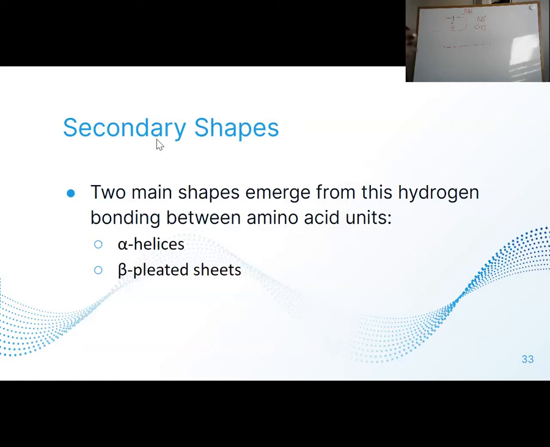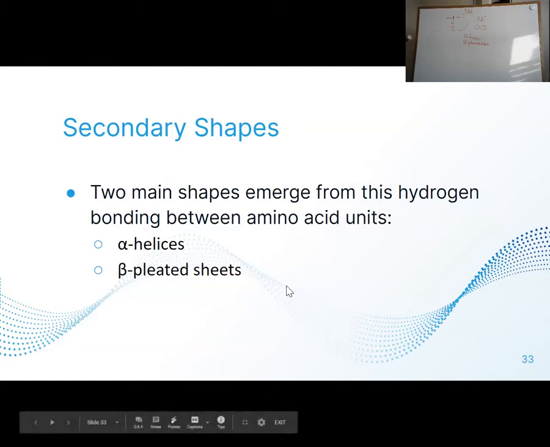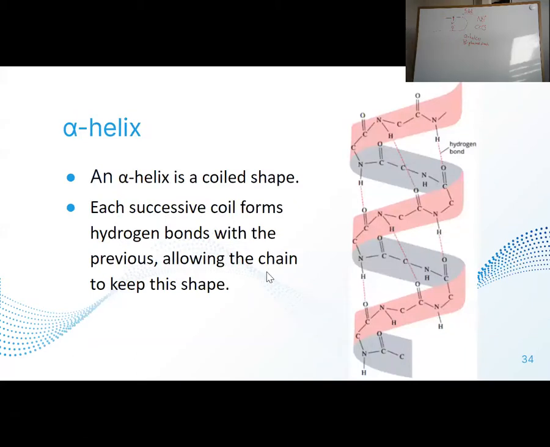So when this starts to fold, we have alpha helices and beta pleated sheets. So the alpha helix looks like this.